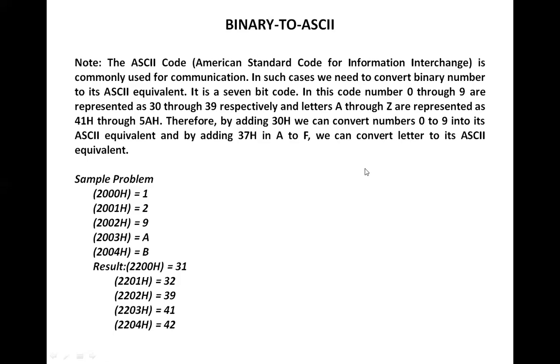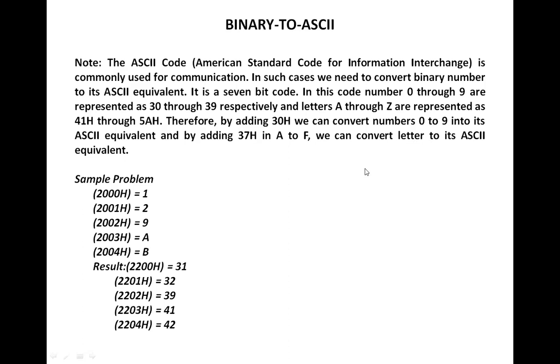And later on, we will also discuss how to convert the ASCII into the binary. Now, as far as the ASCII codes are concerned, ASCII is American Standard Code for Information Interchange. In the short form, it is known as ASCII.